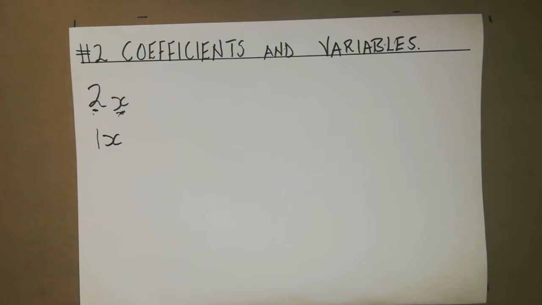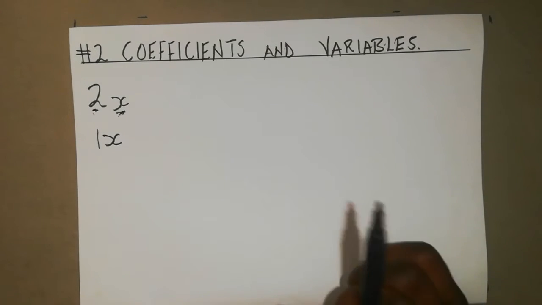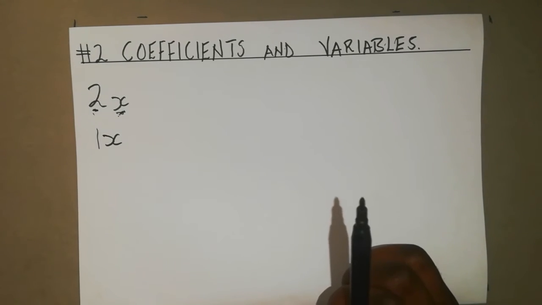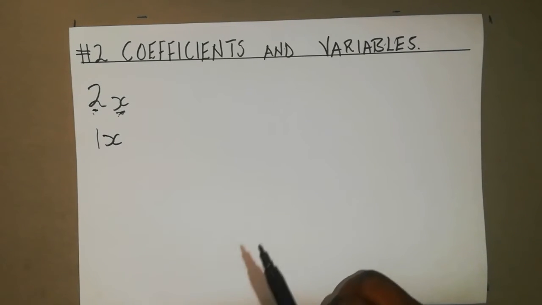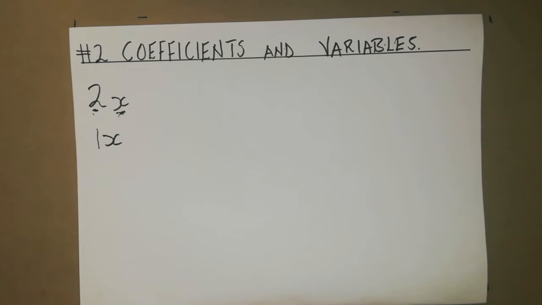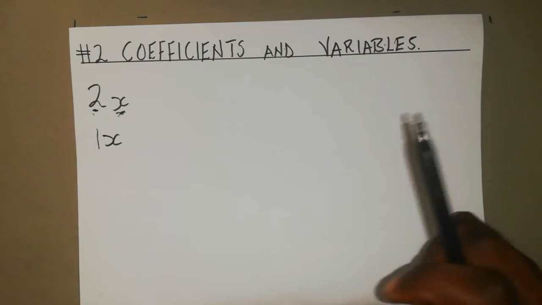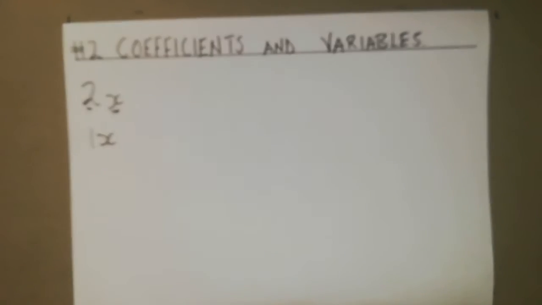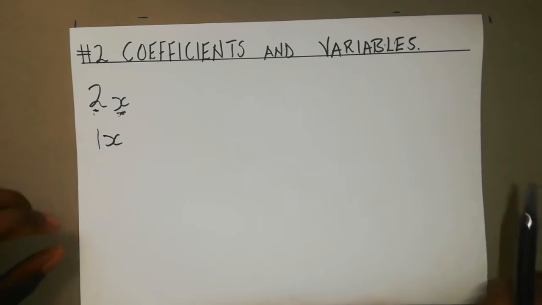Now, I want to give you some basic ideas based on such coefficients and variables, especially considering addition and subtraction. When you're asked to do addition and subtraction, there is what we call like terms. If I talk of like terms, I'm talking of similar terms that you will be given and asked to compute some mathematical calculations. For instance, let me give you this first example.